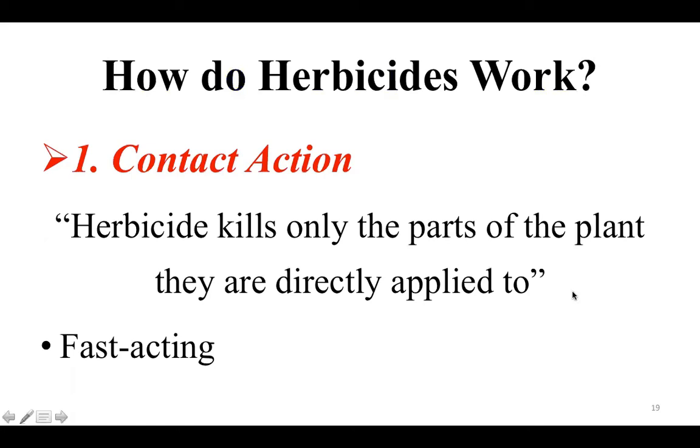Herbicides that work through contact are considered fast acting because their function is fast. They are directly applied and kill only the part of the plant which is in direct contact.